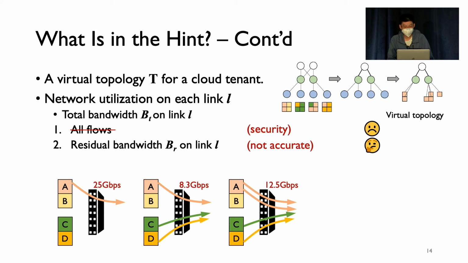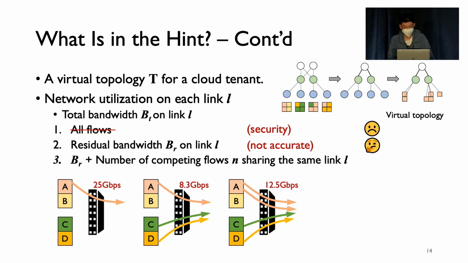So only providing the total and residual bandwidth is not enough. To tackle this challenge, NetHint also provides an extra information, the number of competing flows sharing the same link. With this extra information, we can estimate the available bandwidth more accurately, and you can check the paper for the detailed estimation.